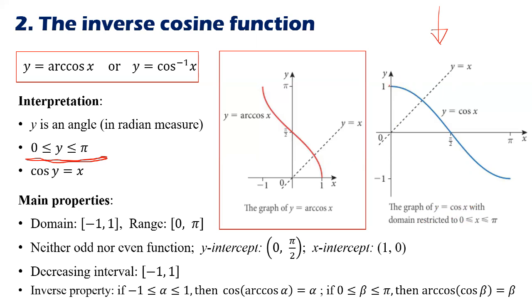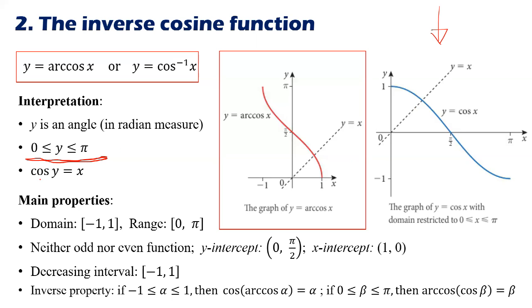If it is restricted to 0 to pi, that means for each given cosine value x, there is only one angle value which corresponds to the cosine value, right? So only in this way, the reverse process is a function, right?